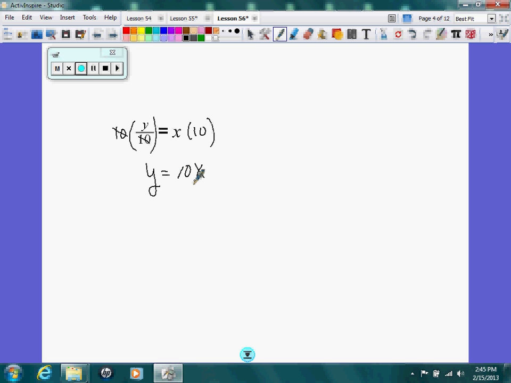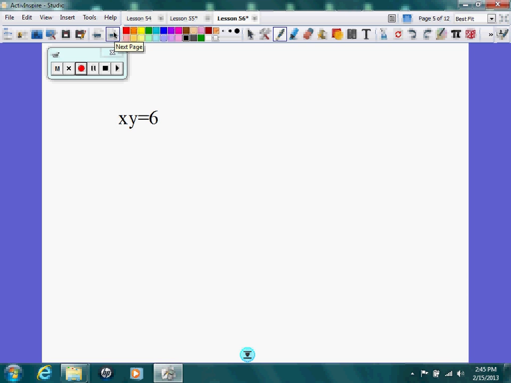And then we divide both sides by x, so we would get 10 is equal to y over x. That didn't look like direct variation initially, but after we worked it down to where we had y over x, it was in fact equal to a constant. So this would be an example of direct variation.